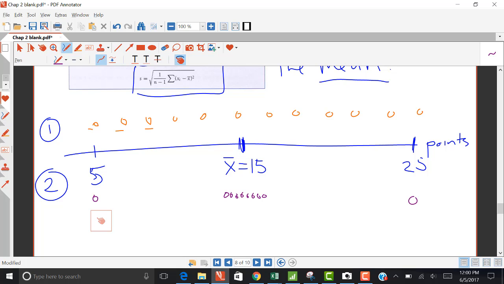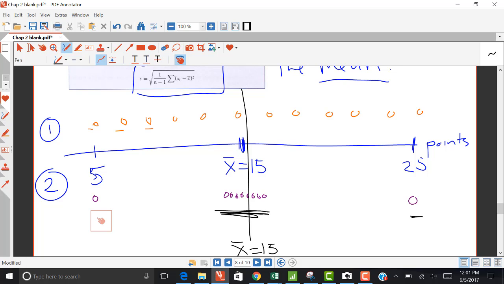So they played the same number of games. Each of them had a low score of 5, a high score of 25, and an average of 15. What we want to think about is who had a larger standard deviation. This represents the mean: x-bar equals 15 again. Now remember what standard deviation measures. It says, on average, how far are the data from the mean? So what I hope you're seeing is that this player was very close to the mean on average.